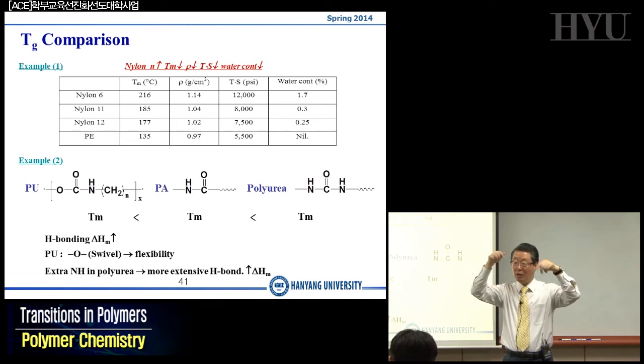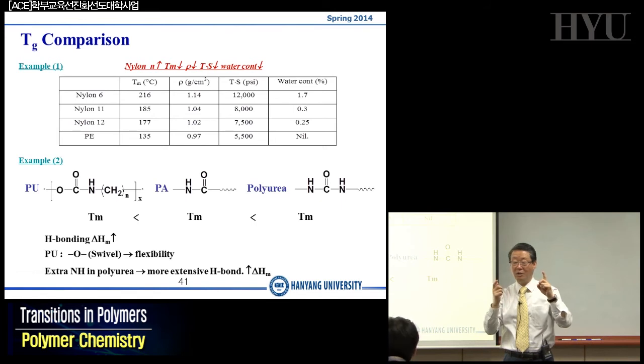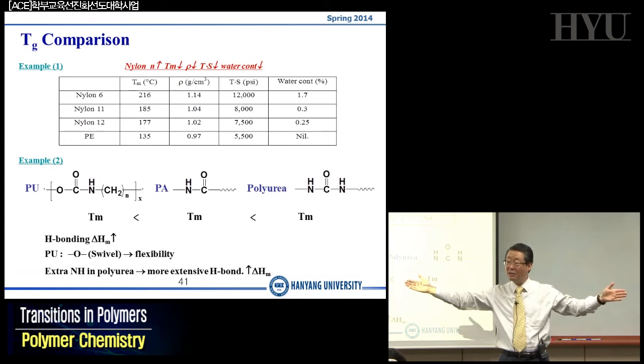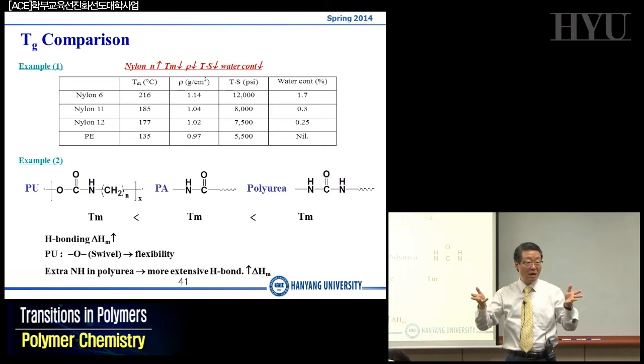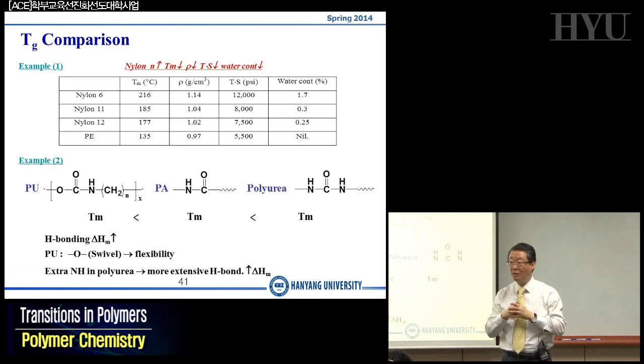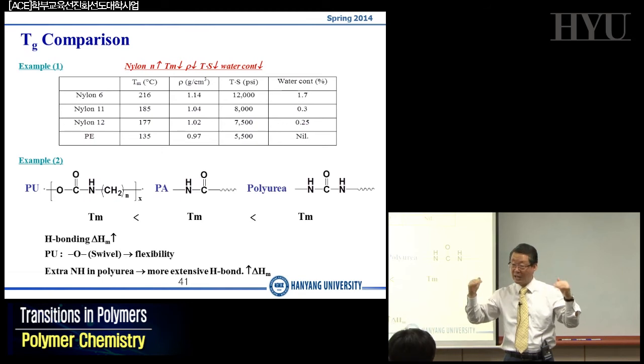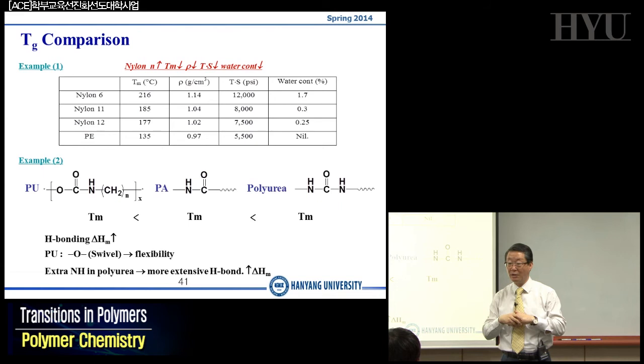Chain to chain, interchain hydrogen bonding versus intramolecular hydrogen bonding. So within a given length, if you have many amide groups, you have a much higher density of hydrogen bonding, whereas if you have a longer nylon number, such as nylon 12, you have too many methylene units between the amide groups, so your hydrogen bonding interaction is less as you increase the number of your nylons, right?